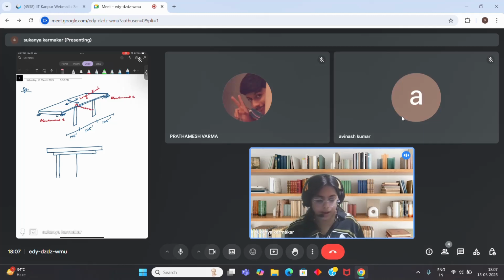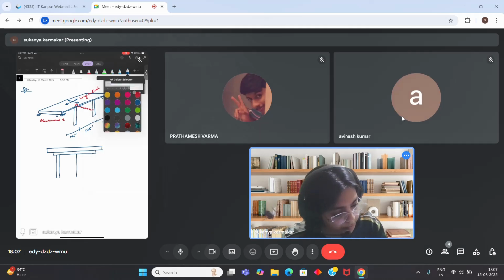So here you have a 375 feet long concrete box girder bridge, and it has two abutments. I've marked the abutments, and you have some bents.